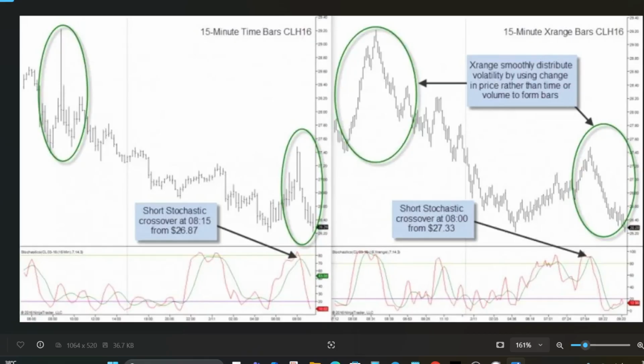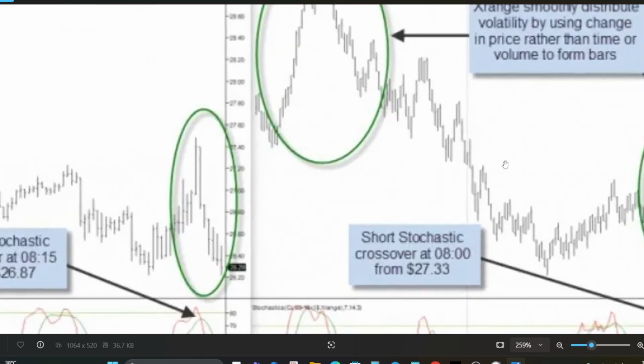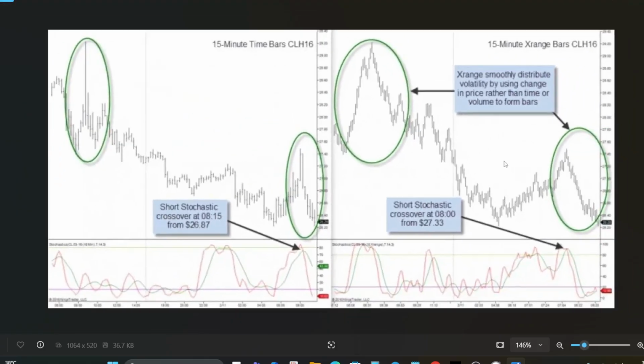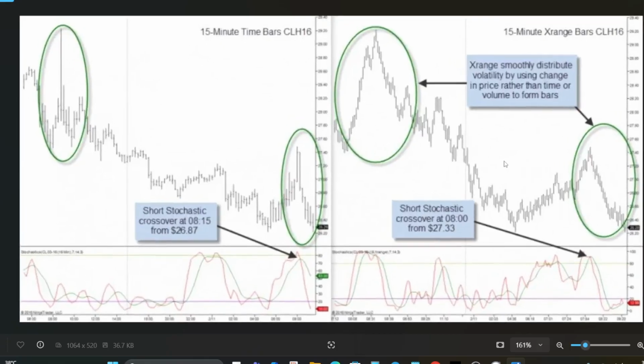First off, what is the Kase bar chart? Well, unlike your traditional bar chart, which typically shows the open, high, low, and close of a price during a specific time frame, the Kase bar chart focuses on price movement in a more dynamic way.